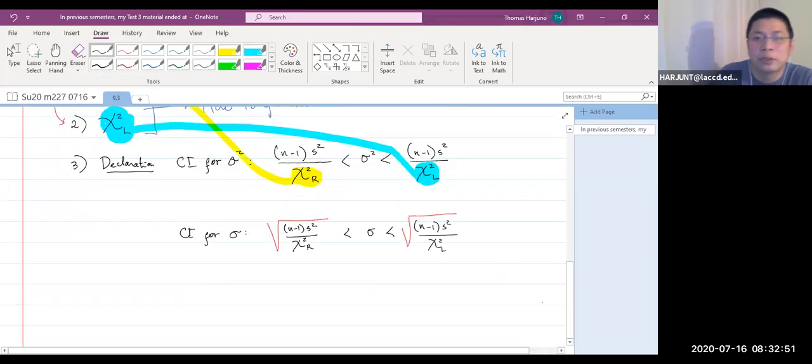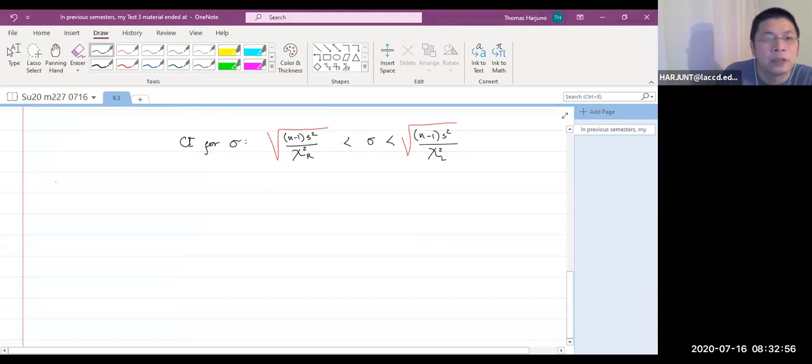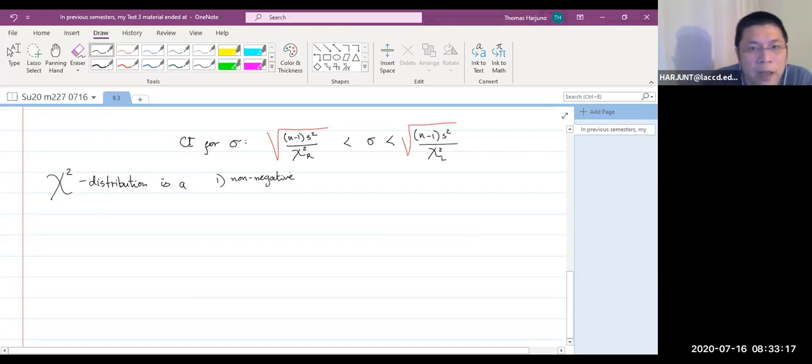Now, chi-squared distribution is a non-negative distribution. Just imagine that the variance you get can never be negative, right?